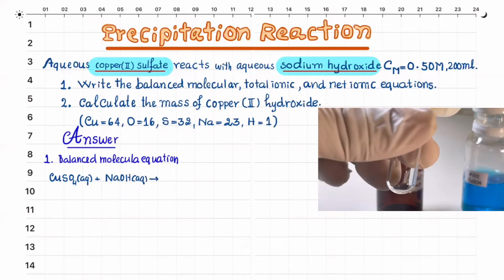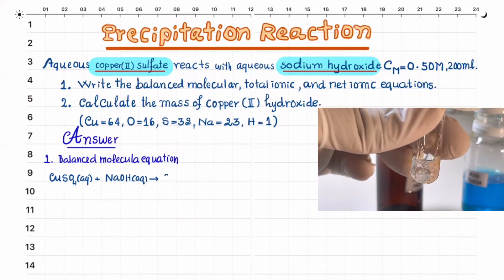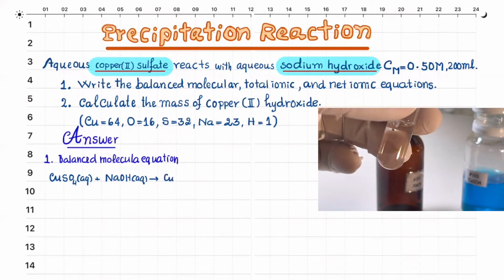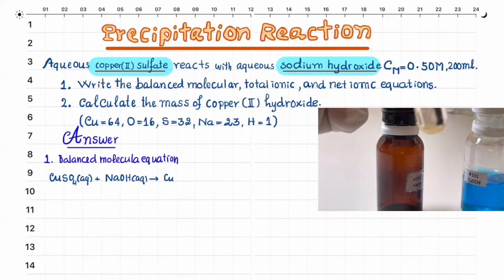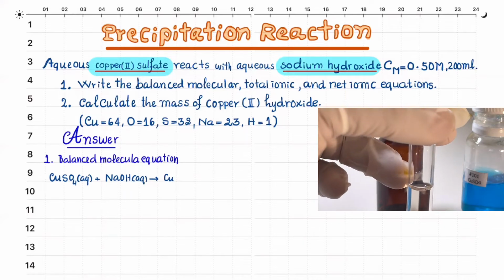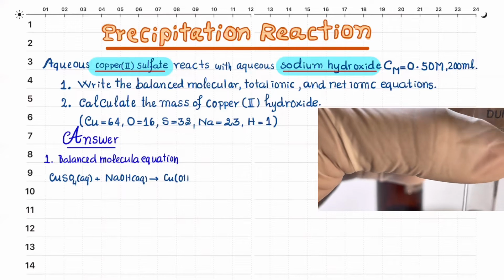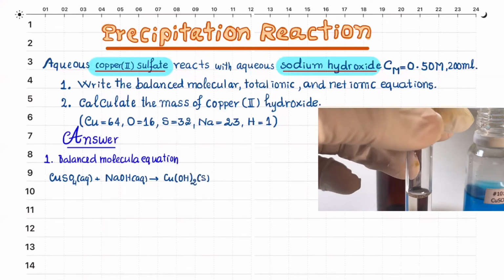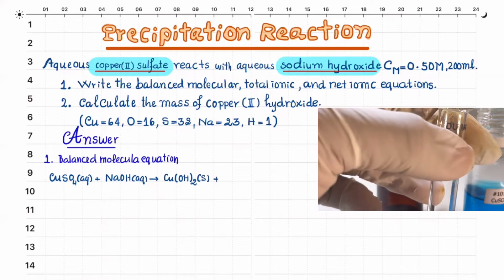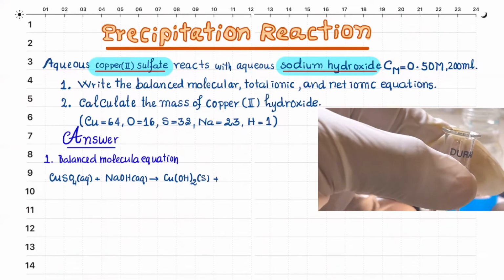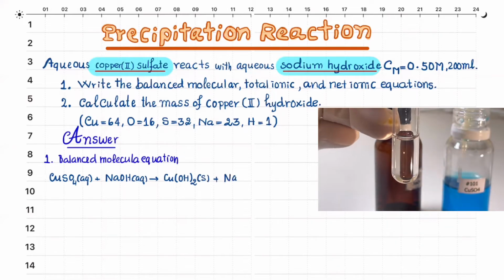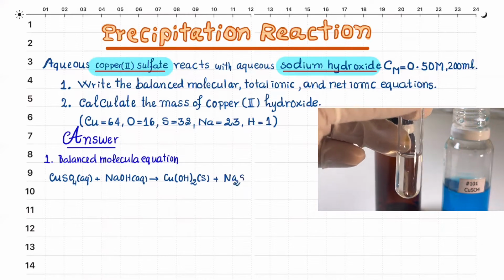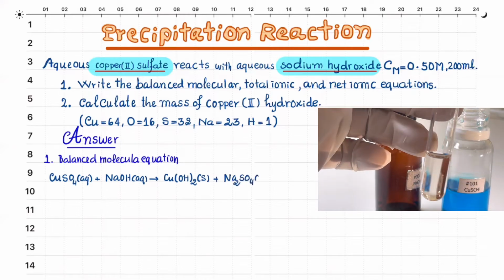The products: copper(II) hydroxide, which is a solid, plus sodium sulfate aqueous.